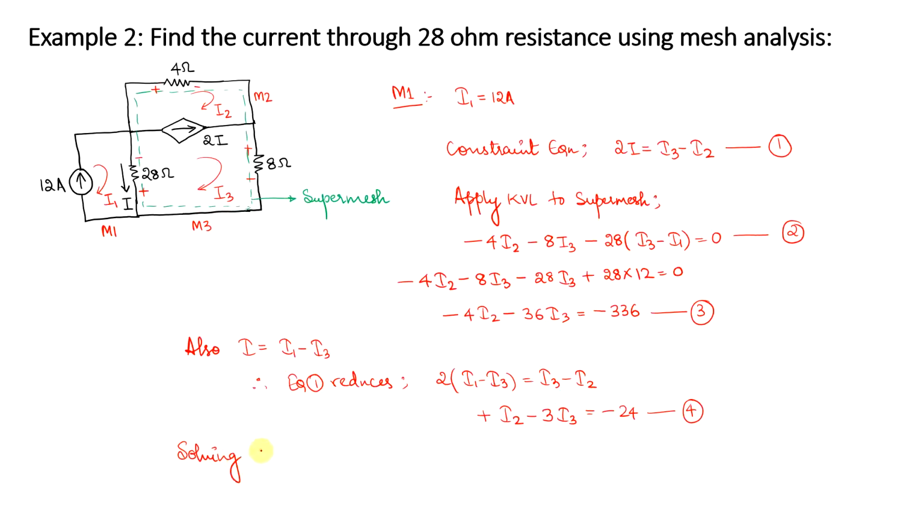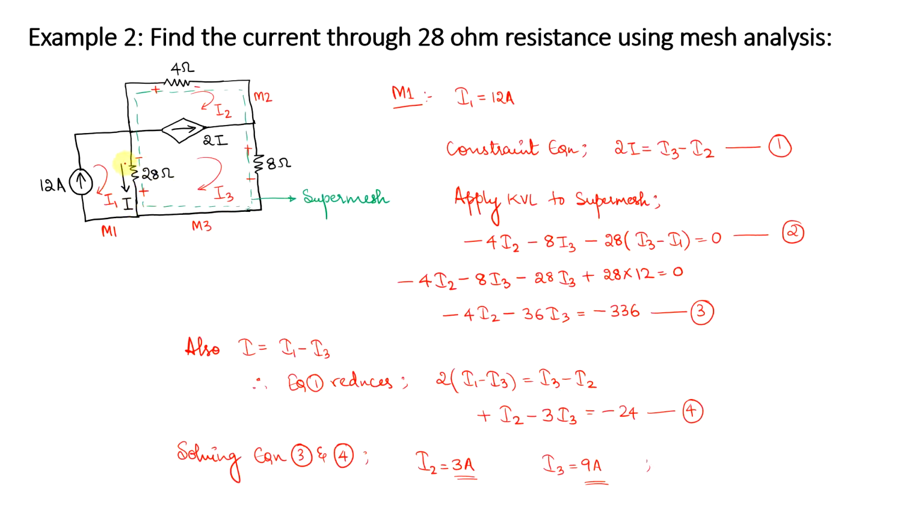Solving equations 3 and 4, use your calculators. You have two unknowns, I2 and I3. So solving equations 3 and 4, you get I2 equal to 3 amps and I3 equal to 9 amps. The question asks to compute the value of this current I, which is flowing through the 28 ohm resistance.